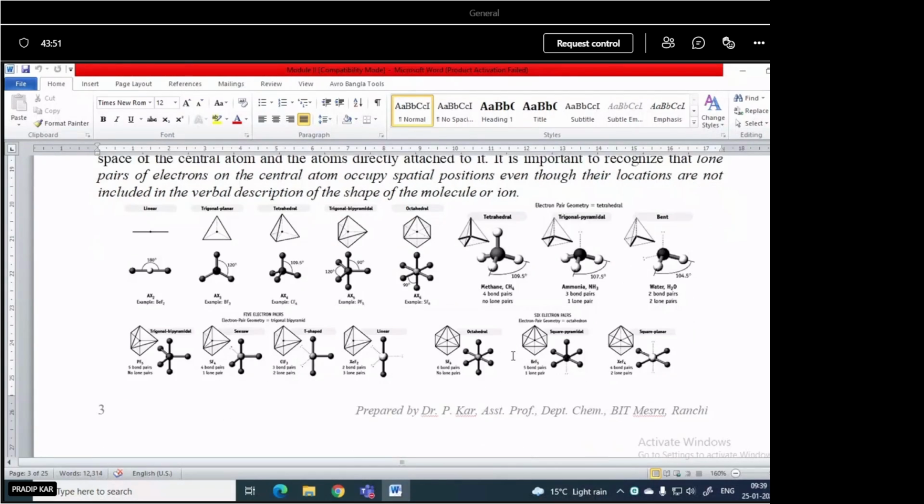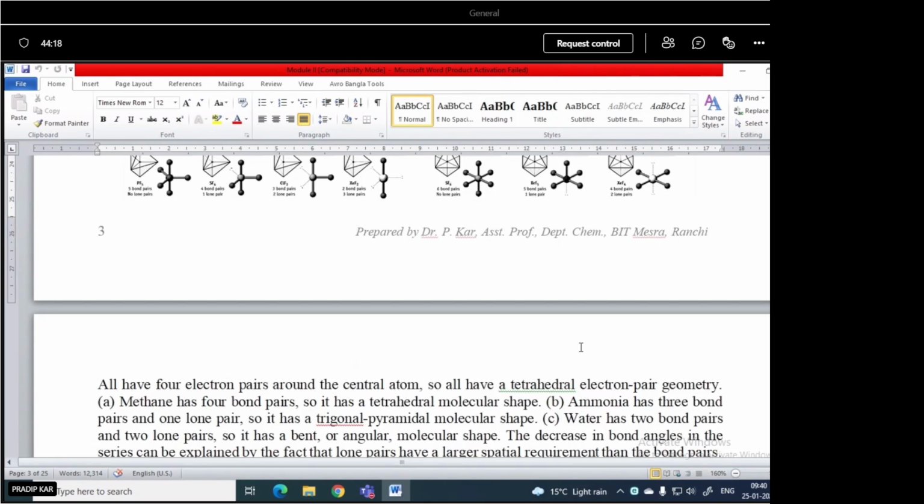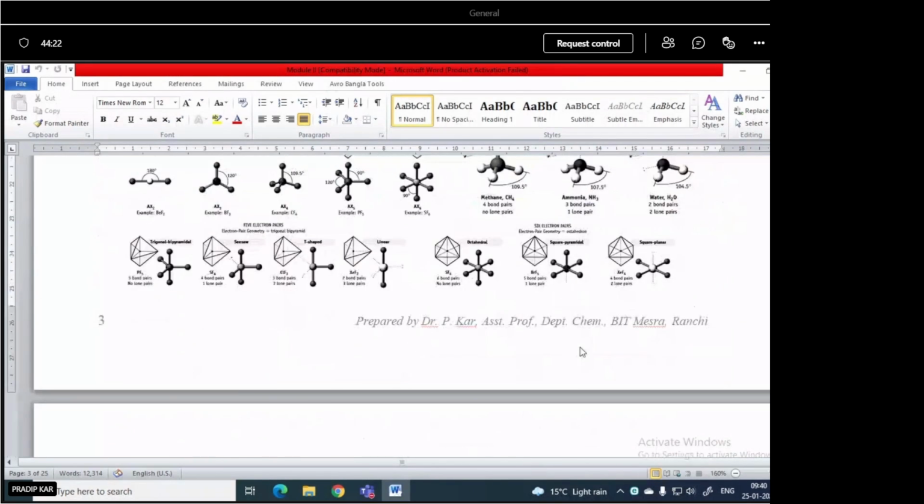And similarly, it is shown for octahedral SF6, square pyramidal BrF5, and square planar XeF4. Square pyramidal when one lone pair is present, and it attains the square planar structure when two lone pairs are present. So in this way, you can explain the structure using VSEPR theory.